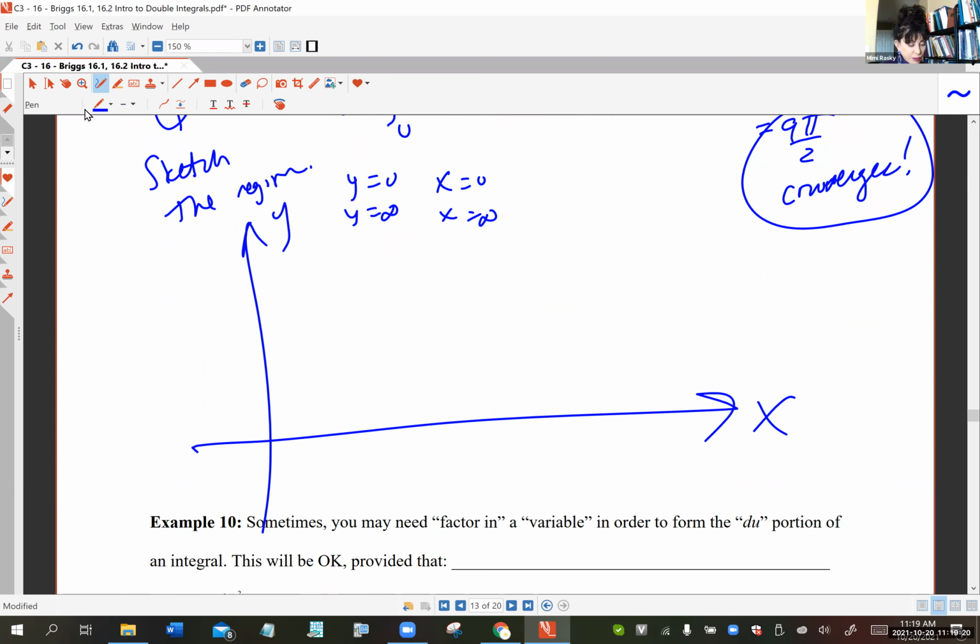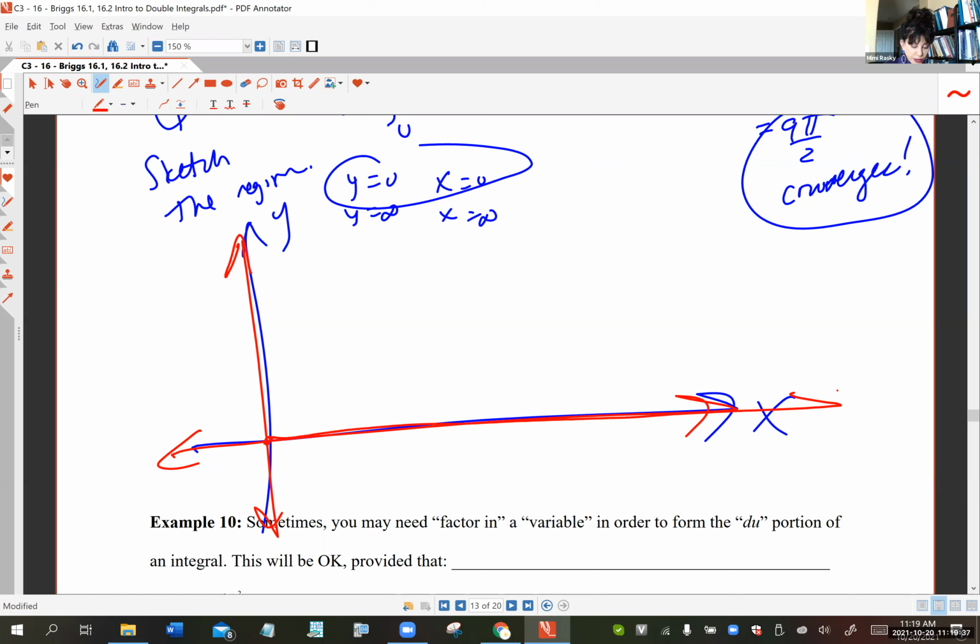Well, let's do the easy ones first. How about x equals 0 and y equals 0? Well, x equals 0 is vertical. We got that. Now, there is no such thing as x equals infinity, but basically x starts here from 0 and goes out to infinity, and y starts here from 0 and goes out to infinity.